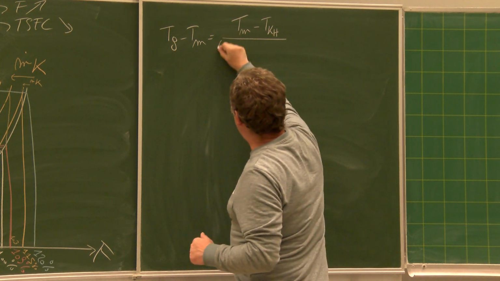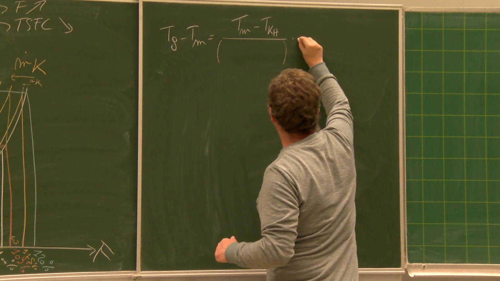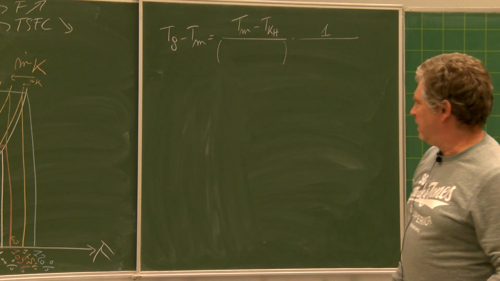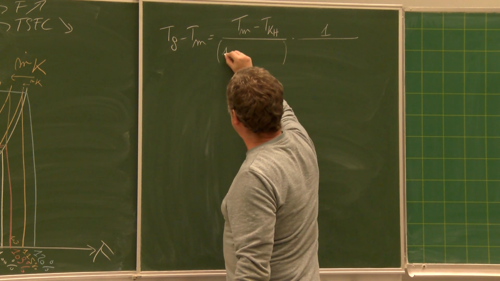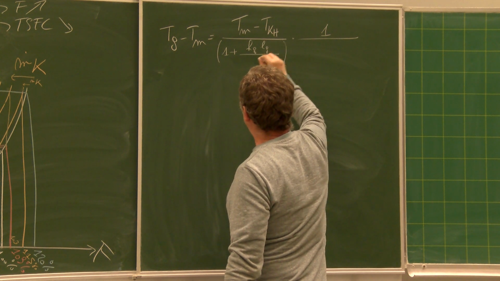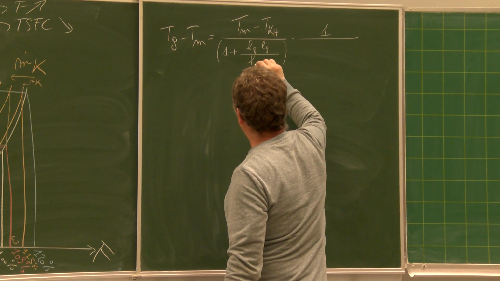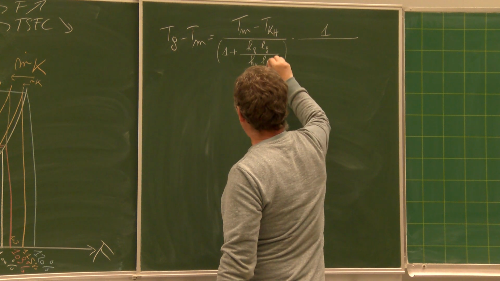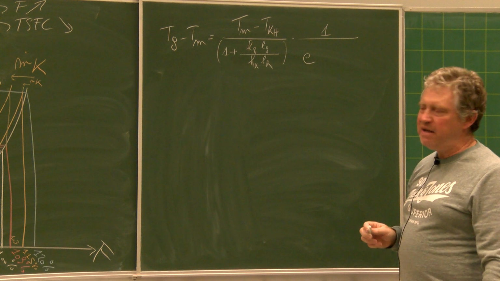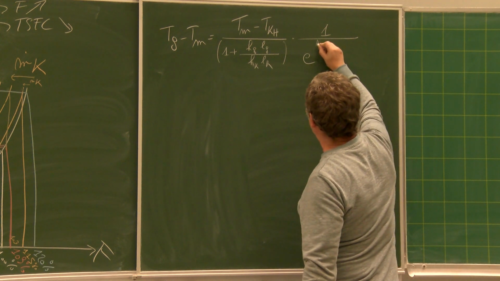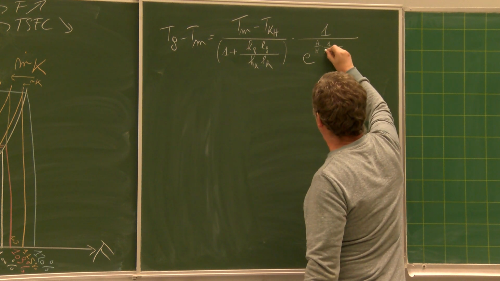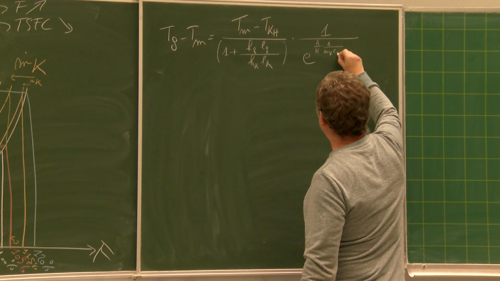T_k, and the specific value of T_k is of course T_k,h. And you will have factors that will influence the situation. What are the factors that you will find here? You will have 1 plus H_g L_g divided by H_k L_k. And here you will have 1 divided by E. And here you will have a factor A divided by H, that I will explain in a minute, divided by m dot k C_pk.